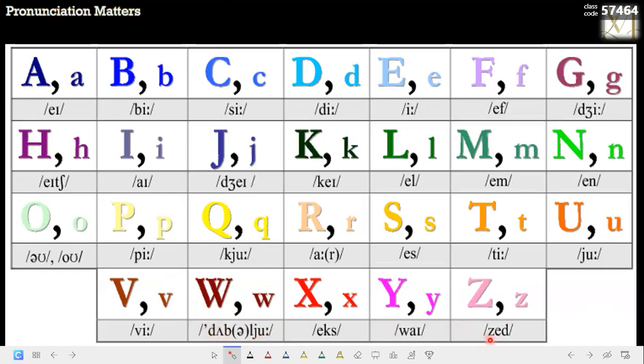W. And also Z could be pronounced Z in American English. Both are correct. And we need to focus on the letter F. It's not if, okay? F. The same thing happens when we pronounce L, not ill, M, N, and so on, okay?